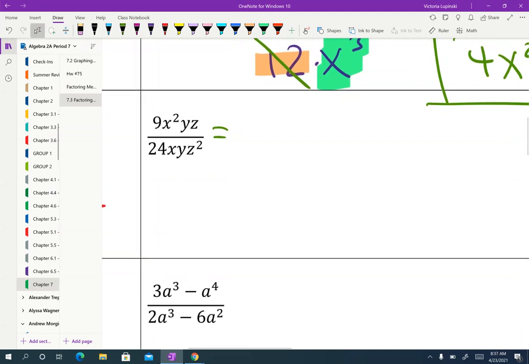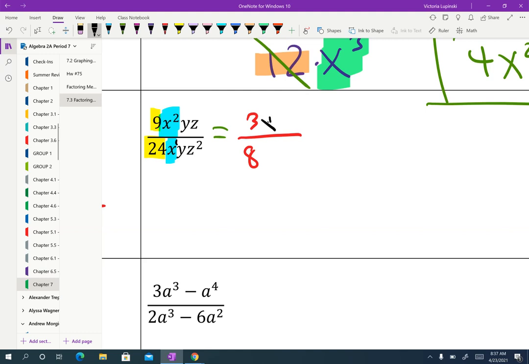All I'm going to try to do now is reduce, starting with the 9 and the 24. So while they don't reduce completely, I can divide each by 3. So if I divide the 9 by 3, I'm going to get 3, and 24 divided by 3 is 8. Then when I look at x squared and I look at x to the first, where are there more x's, on the top or bottom?